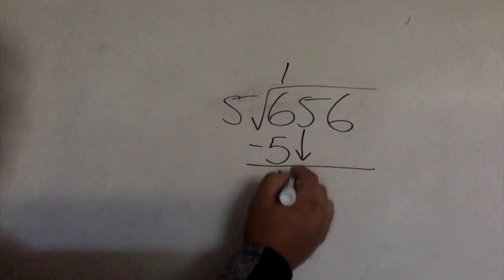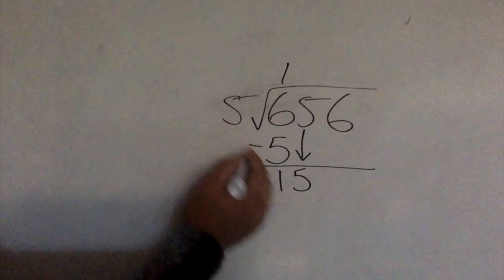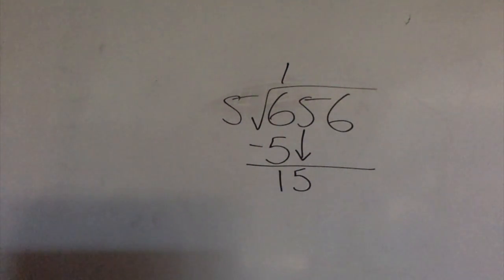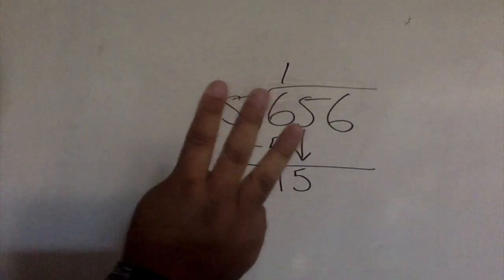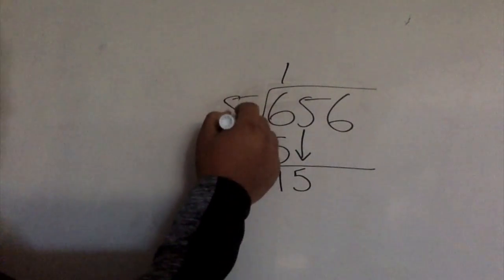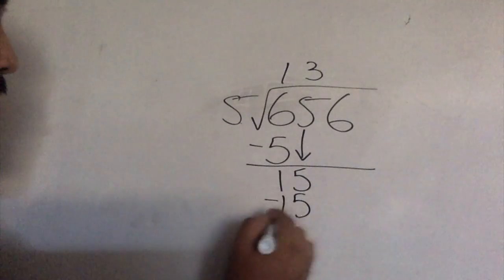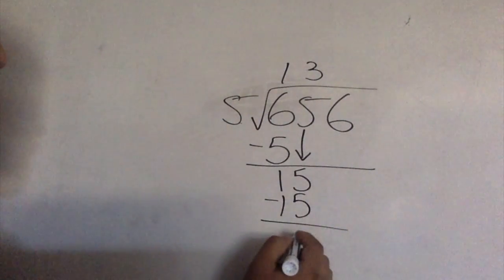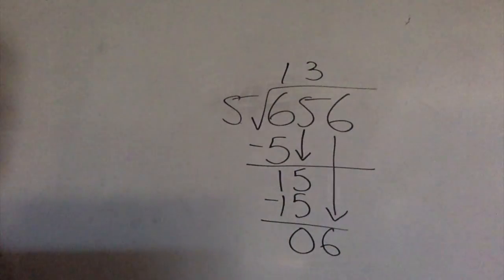Drop the 5. Now we got lucky in this one, because 5 goes into 15 how many times? Count with me. 5, 10, 15. So the answer is 3. 5 times 3 equals 15. Great. 15 minus 15 equals 0. Drop the 6.